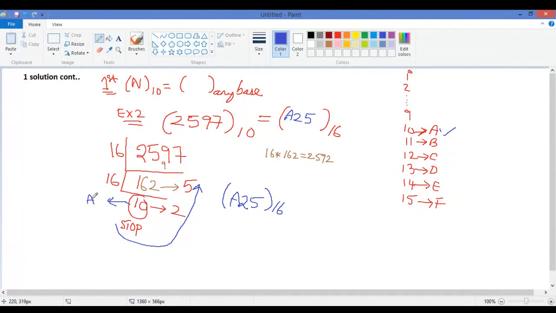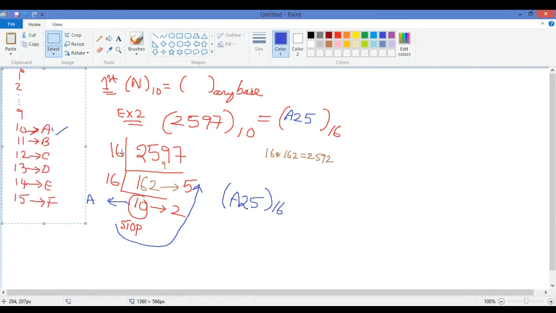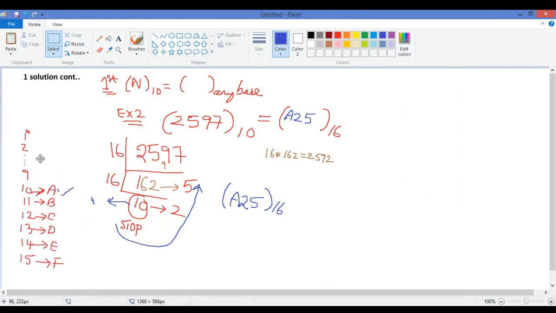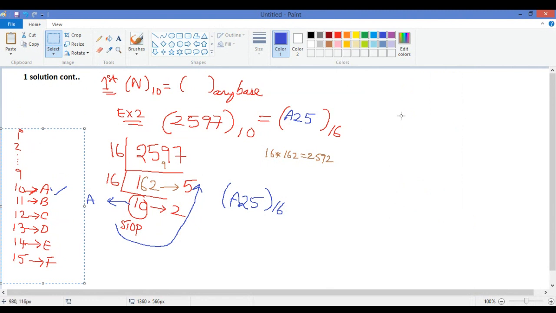Let me cut it and paste it here. Let me write another example here. Example 2. I think by this example all of you might understand.